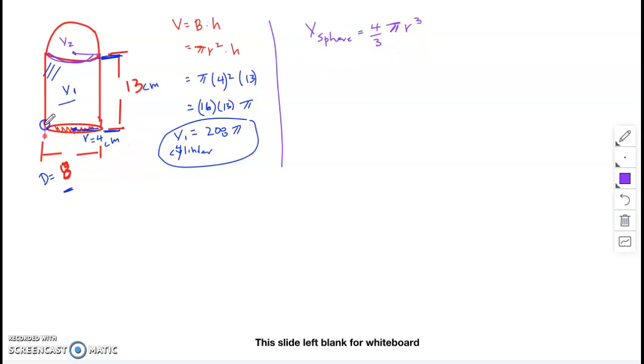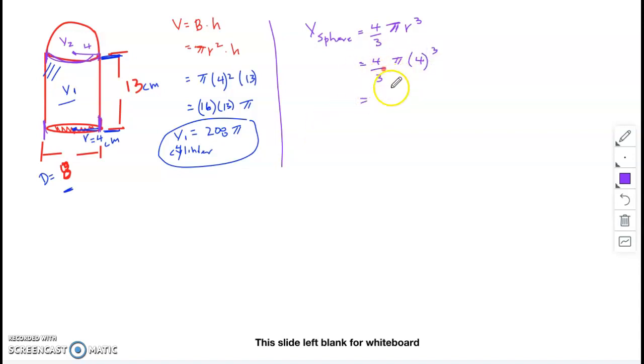But look at this, this is the same shape as the top. So if my diameter on the bottom is 8, my diameter on the top is 8. If the radius on the bottom is 4, the radius on the top is 4 as well.